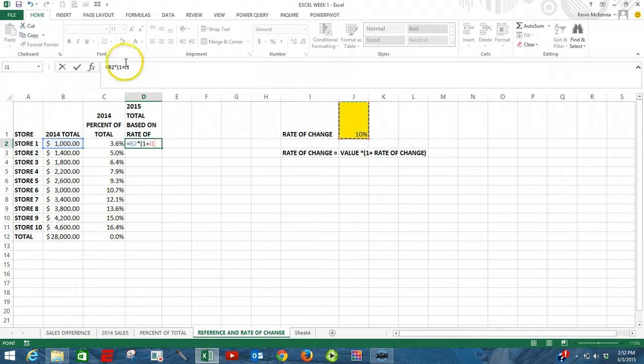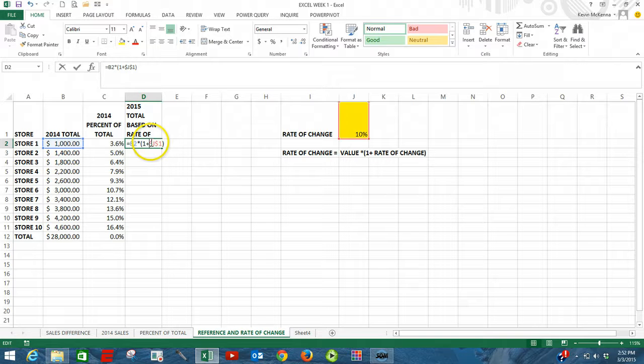So we have to remember, while we're up here, click over here. We want to make that J1 an absolute, so we're going to tap F4. By tapping F4, we now have $J$1, close parenthesis, check mark.